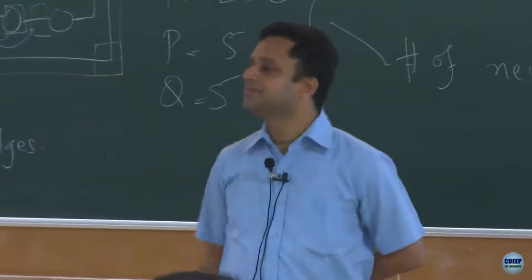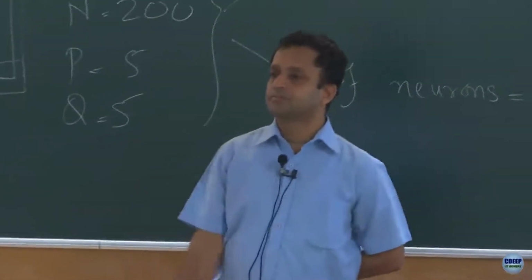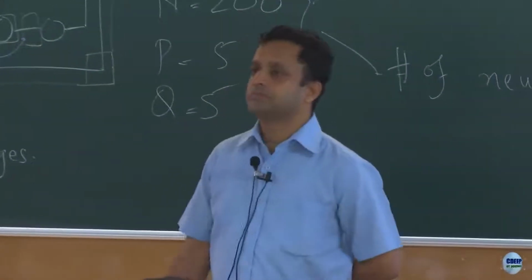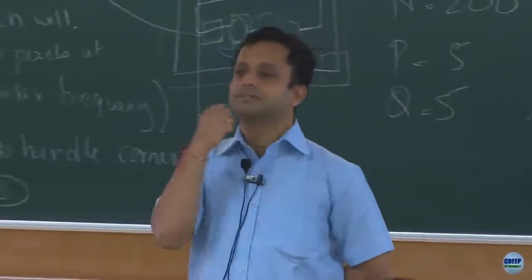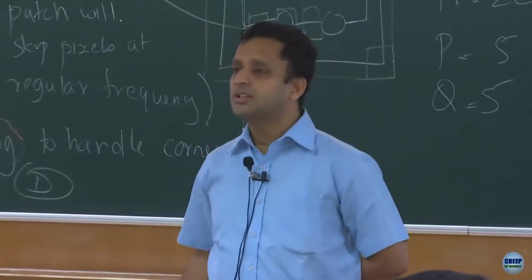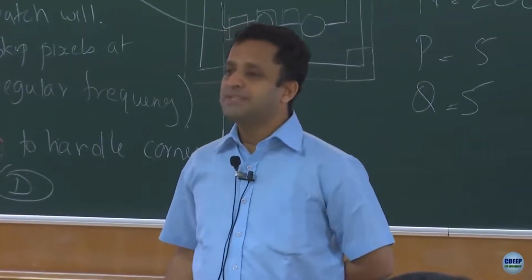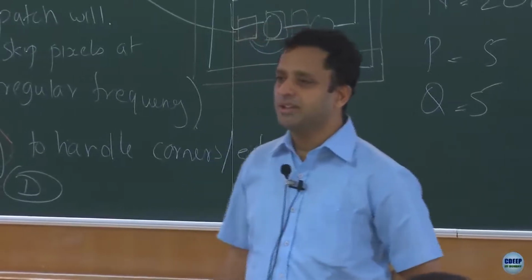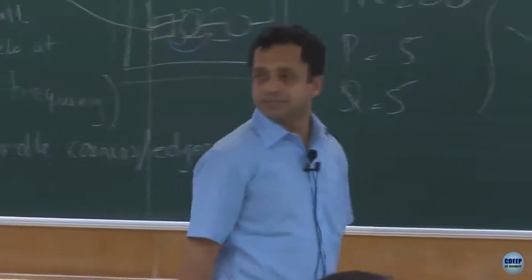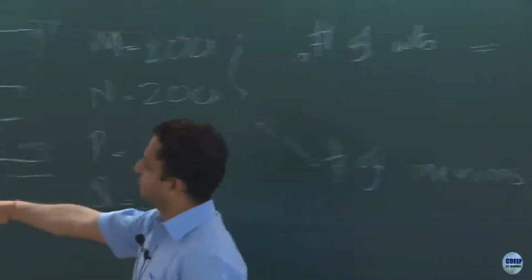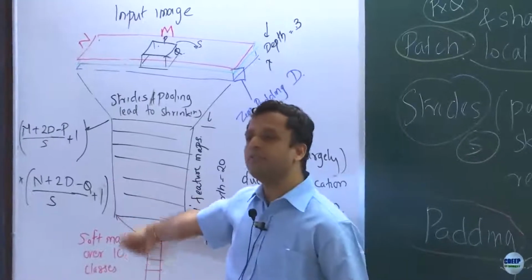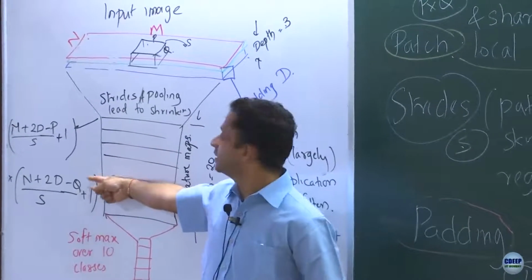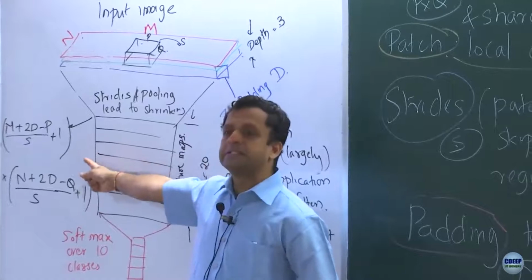So any answers? Plus bias. Okay, let's ignore bias for the time being. 1500 weights. How did you get 1500? No, this is the number of outputs.